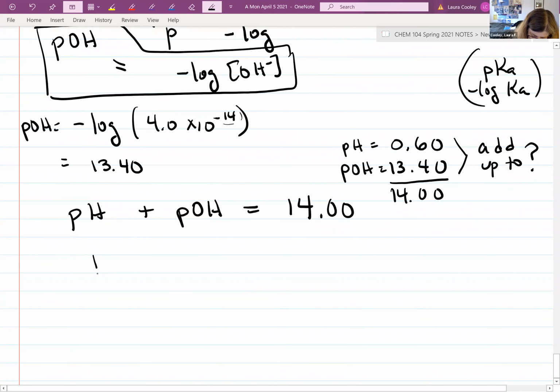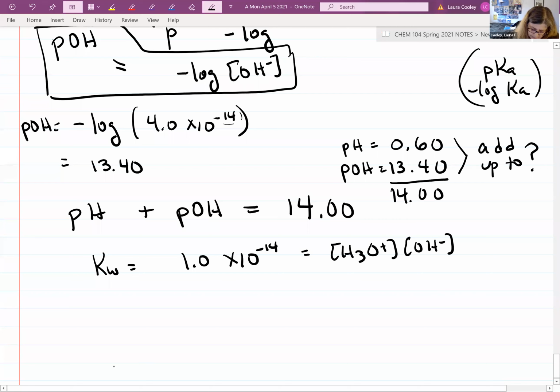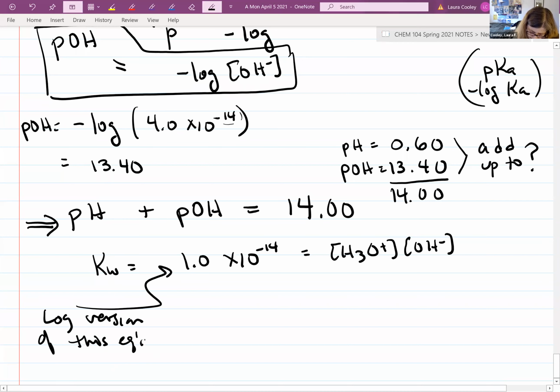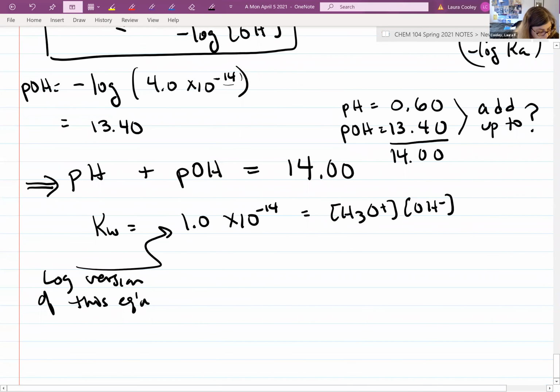Well, remember the Kw is 1 times 10 to the negative 14. This number 14 seems to be showing up a lot, right? And that is the product of these two things. This equation here is really the log version of this equation.